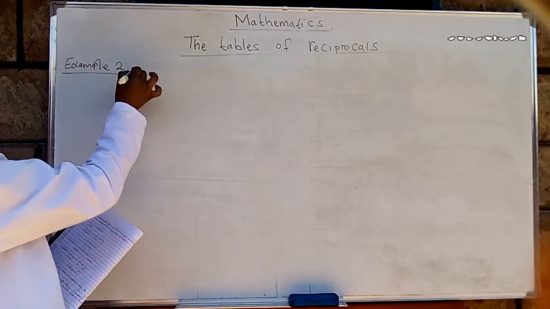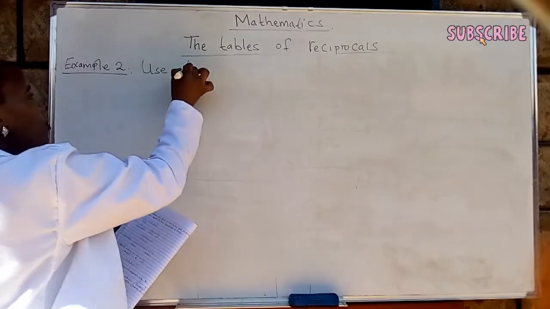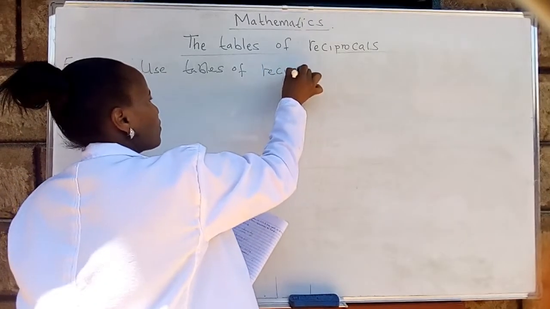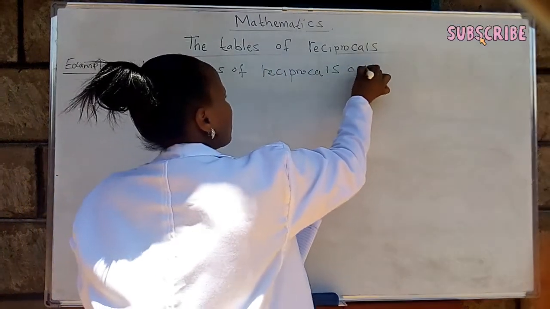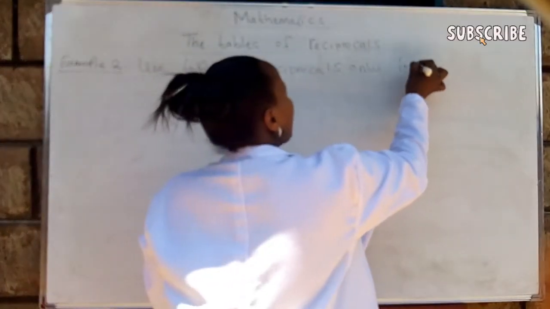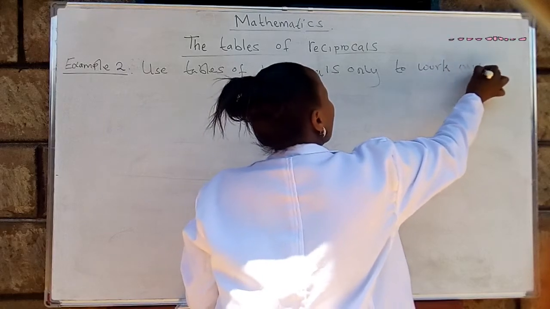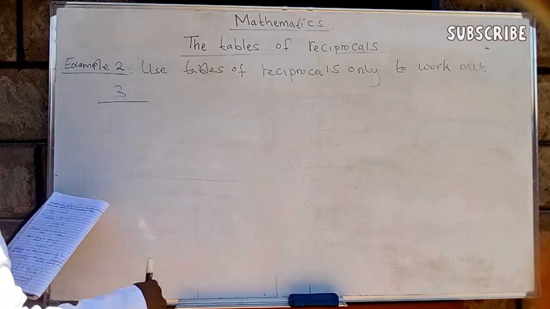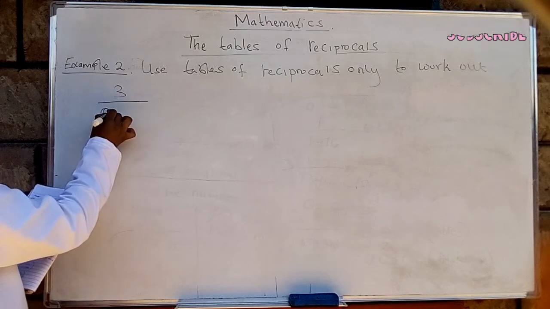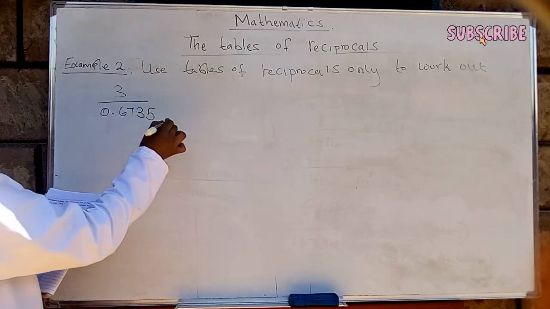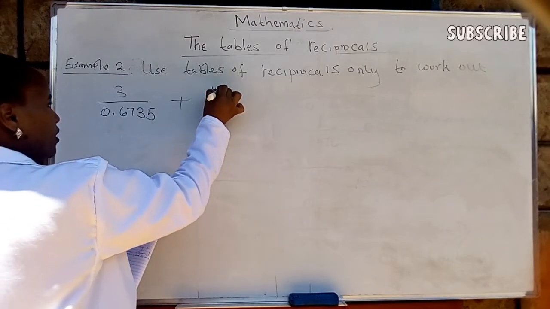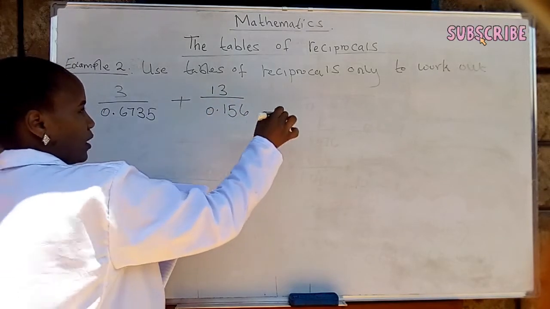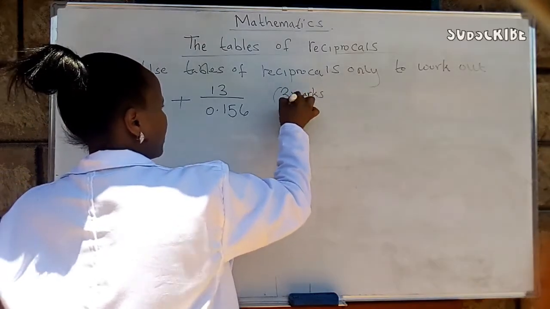We are told to use tables of reciprocal only to work out: 3 over 0.6735 plus 13 over 0.156, and this question is totaling to 3 marks.